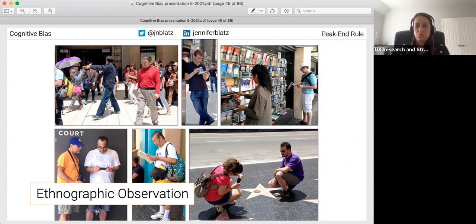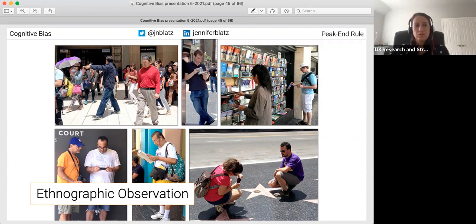Or as you can see from these photos, I was on Hollywood Boulevard in Los Angeles, where I was doing some research on a product. I was observing people who were tourists, and I was talking to them to understand how they were figuring out what attractions were in the area and how they were going to visit these attractions.